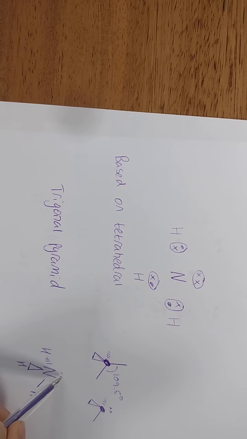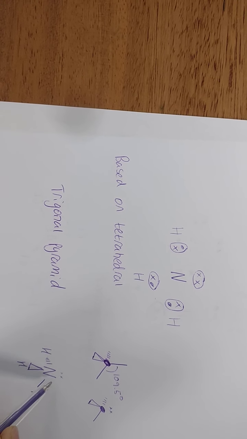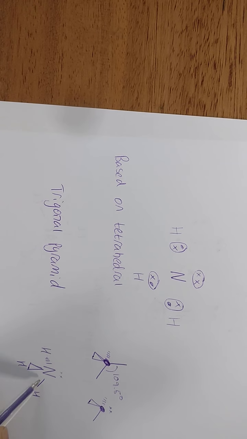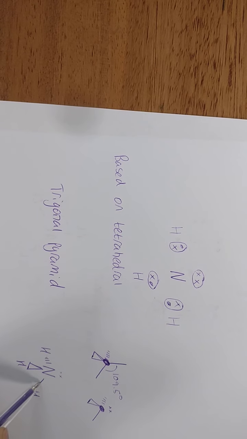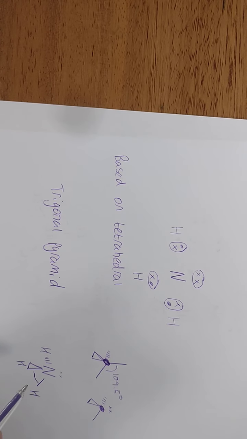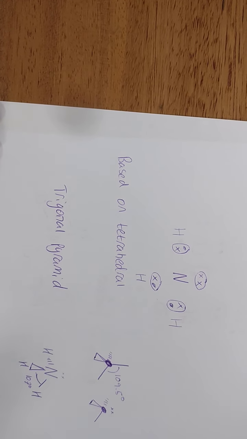And because of that, it has an extra repelling effect compared to a bonding pair of electrons. And that squeezes these and forces them closer together, because this is more repelling of these bonding electrons than they are of one another. And that means the bond angle goes from 109.5 in a perfect tetrahedral arrangement to 107 degrees where we have a lone pair. So in our trigonal pyramid, the bond angle is 107.